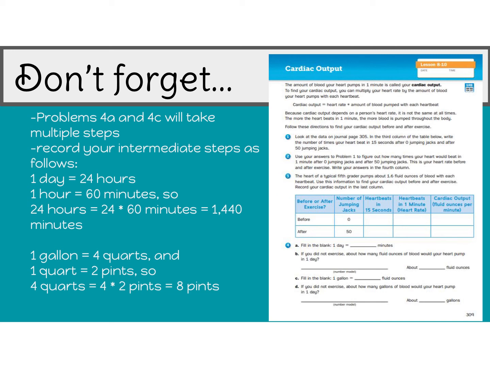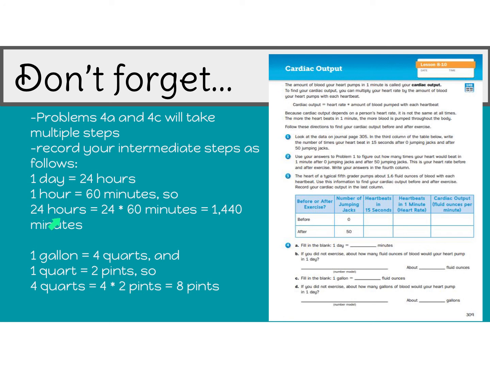Now, if we take a look down here at the bottom, our calculations are going to get a little bit more complex. There's going to be more steps. So over here on the left of your screen, problems 4A and 4C will take multiple steps. Just a reminder, you're going to want to record your intermediate steps as follows. So 1 day is equal to 24 hours. 1 hour is equal to 60 minutes.